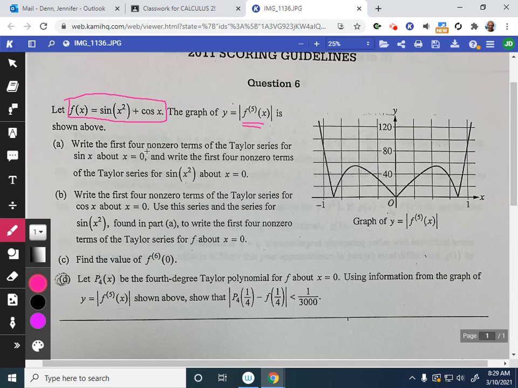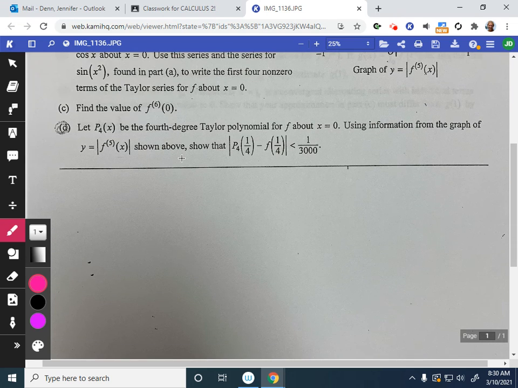So here we go. Part A, write the first four non-zero terms of the Taylor series for sine about x equals 0, and write the first four non-zero terms of the Taylor series for sine of x squared about x equals 0. So this is hopefully easy. We know what the series is for sine. Even without our notes, hopefully at this point we know that sine is the odd powers.